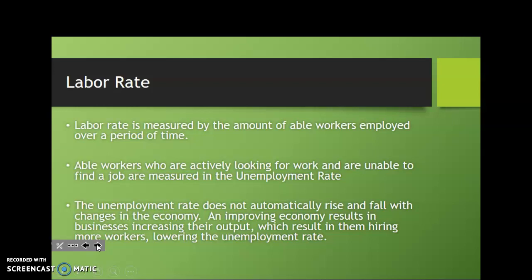There's a lag time there, because in an improving economy businesses will want to increase their output, or make their investments, perhaps buy a new factory or increase their factory and hire new workers. So it takes time to do that. So you will see the unemployment rate fall later after the economy starts improving.